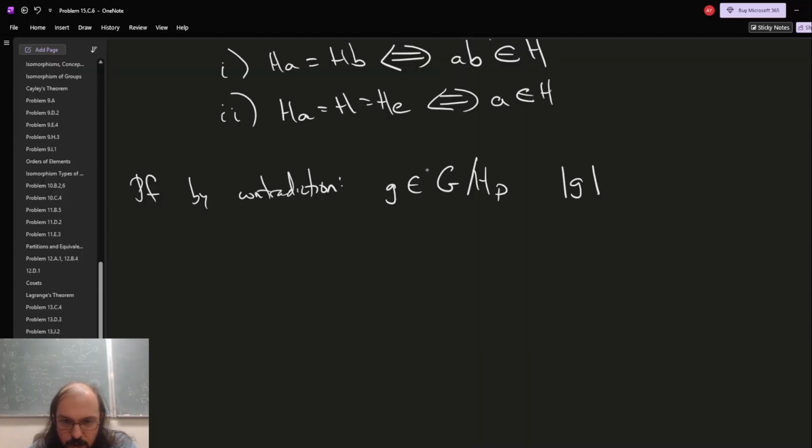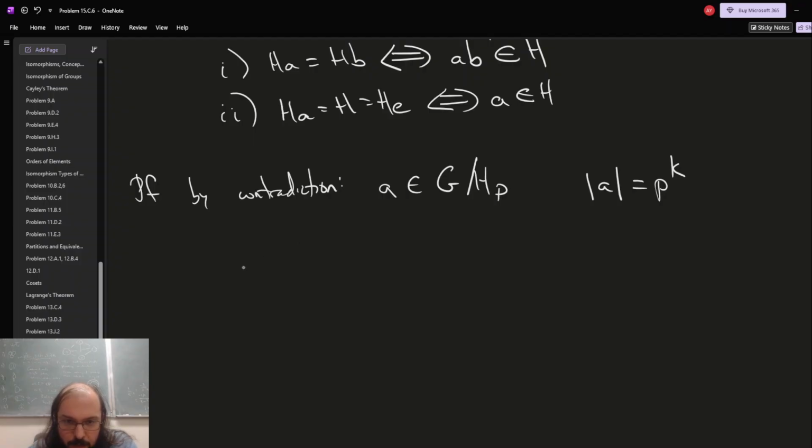I shouldn't probably write g. It's a little bit confusing because I was using g for elements of the big group. So I should either write it in square braces for the equivalence class, or just change letters altogether. Let's change letters altogether. Let's use a. Pinter likes to use a a lot. So we have a in G mod H_P, and let's say that a has order p to the k.